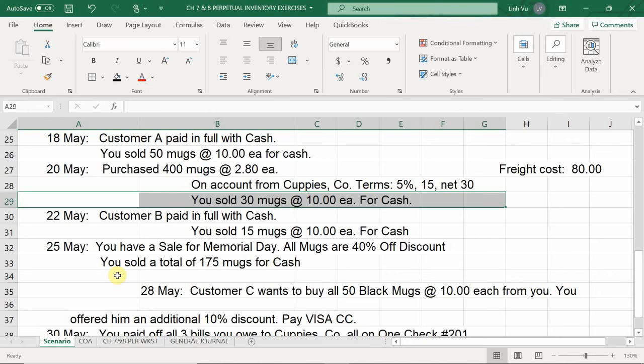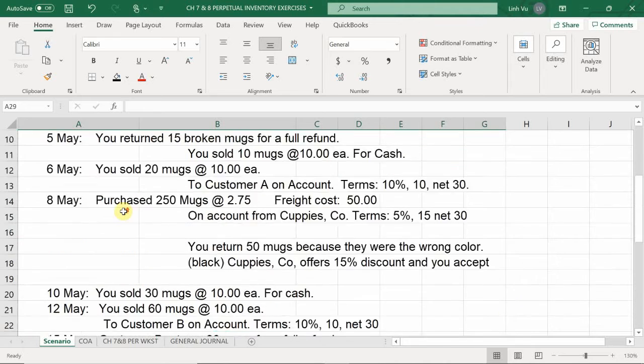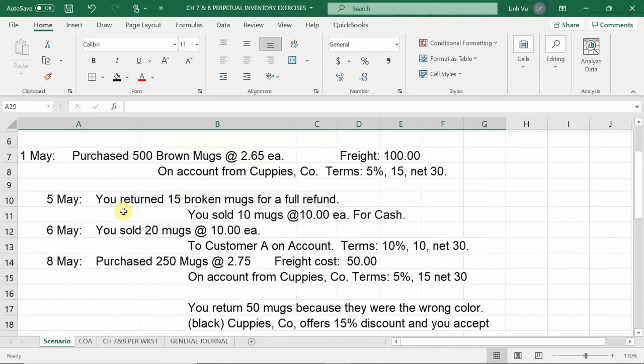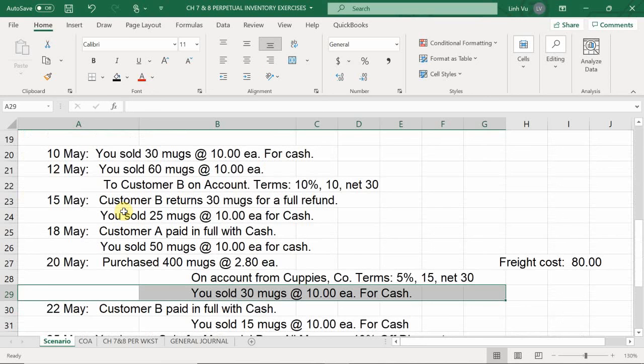Then on the 22nd of May, customer B decides to pay in full with cash. So let's take a look at customer B. When did we sell to customer B? I think we sold to them on the 12th. You sold 60 mugs at $10 each to customer B on account. However, on the 15th of May, customer B decided to return half of those items.